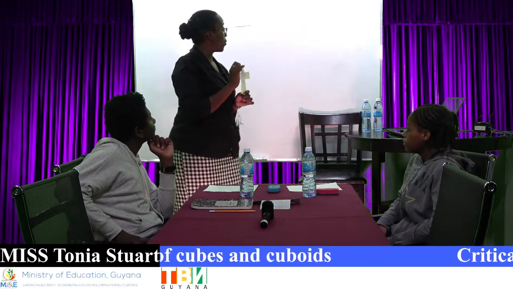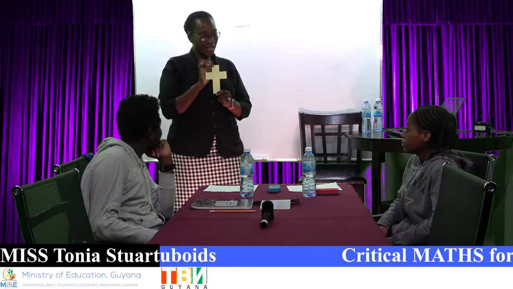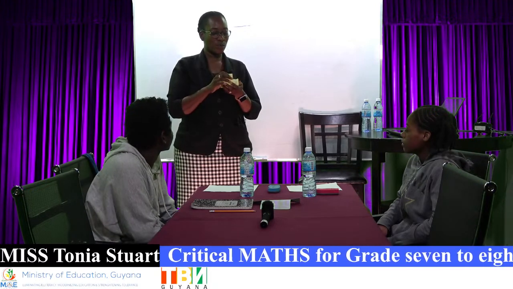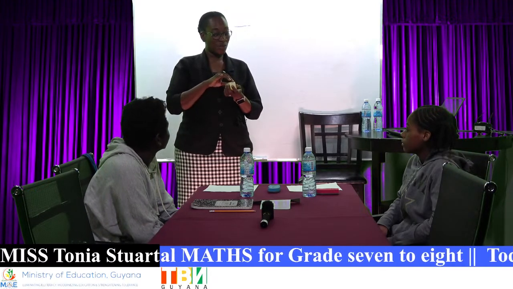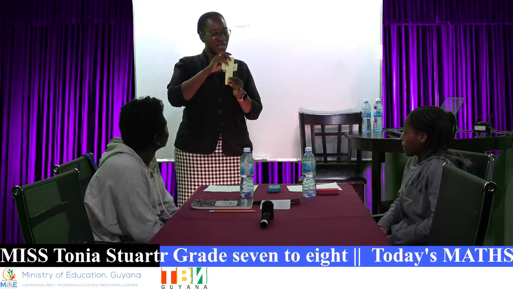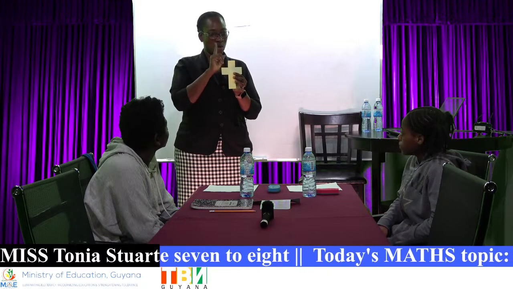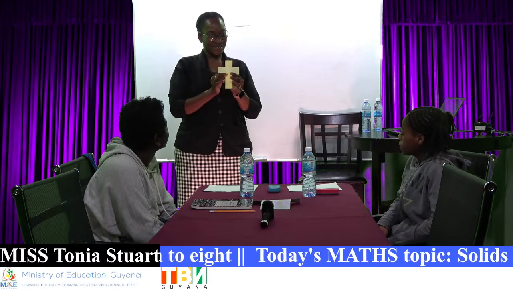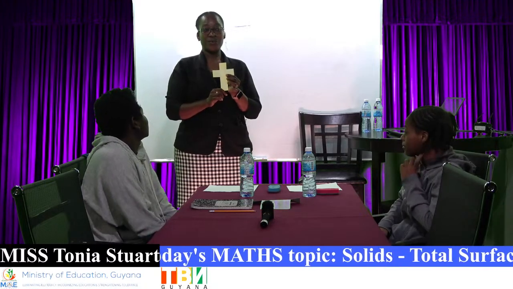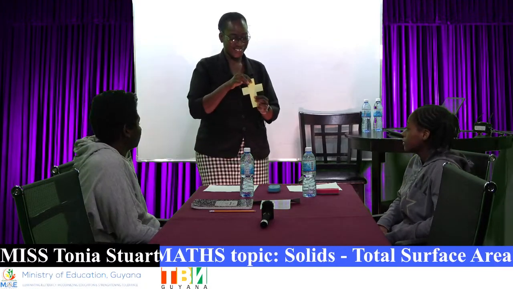I'm going to put one net on the board, not a cube, and I'm just going to give you one set of information, and you will find the total surface area as if it was a cube. Let me see if you remember what you did in your last session.